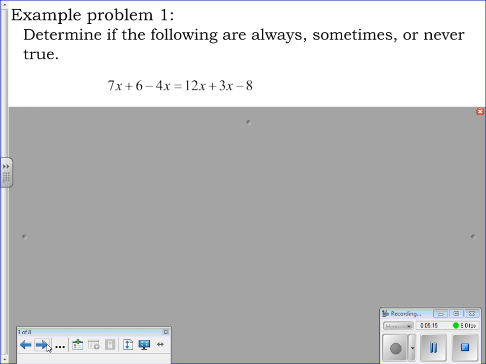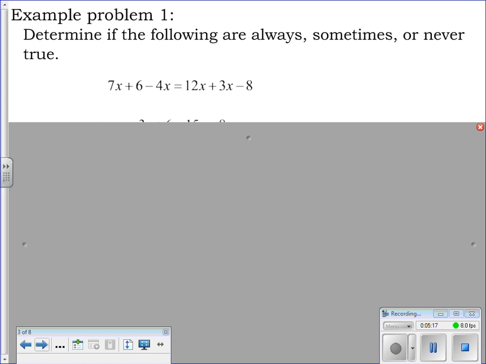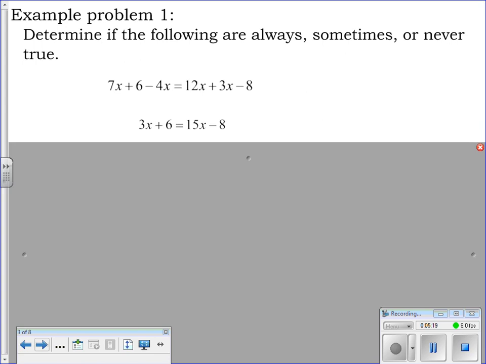So the first thing you do is combine any like terms on each side. And you do that, you get 3x plus 6 equals 15x minus 8. And I already know if it's always, sometimes, or never, without any more steps.